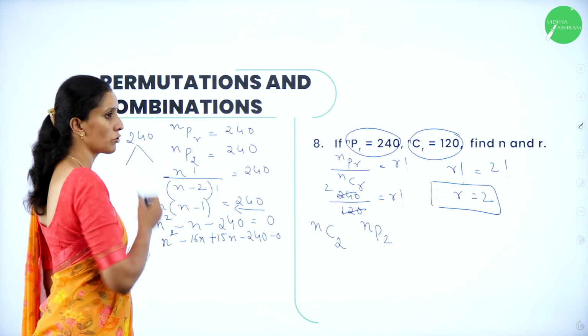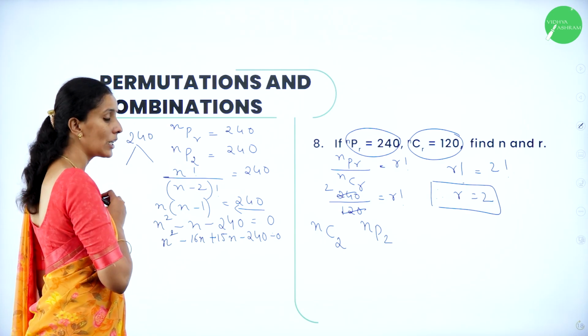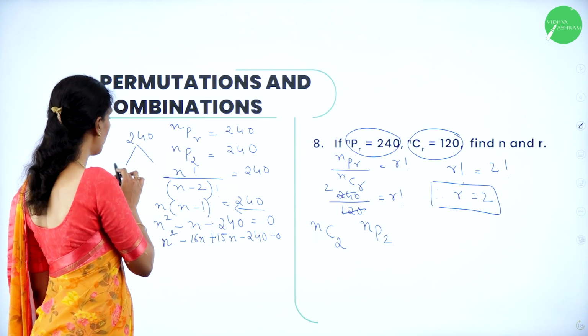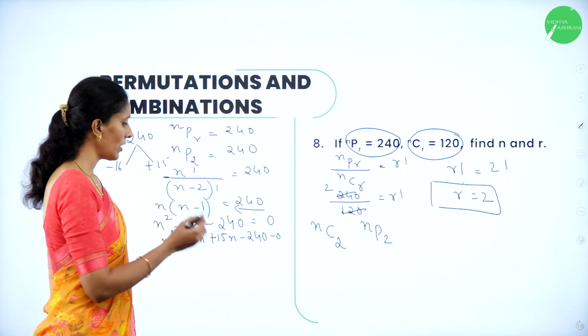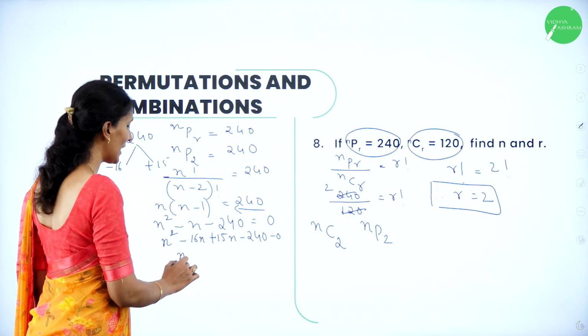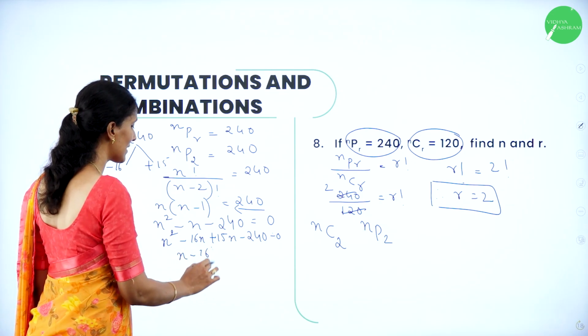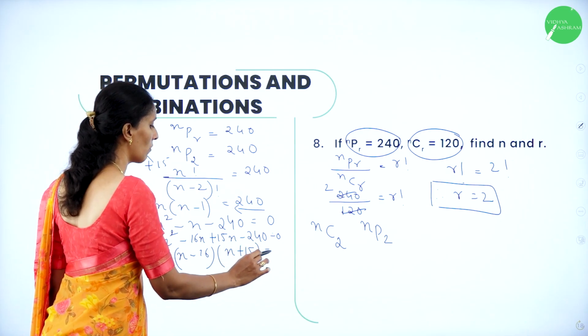When you multiply, you should get minus 240. And when you add, you should get the middle term. So here the middle term is minus 1. So therefore, minus 16 plus 15, you will get minus 1. And when you multiply, you will get minus 240. So after solving, I'll get this as n minus 16 and n plus 15 is equal to 0.